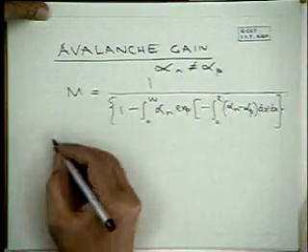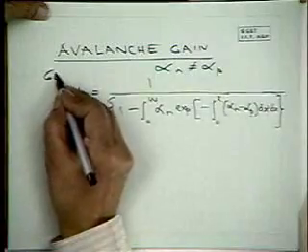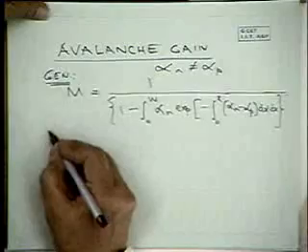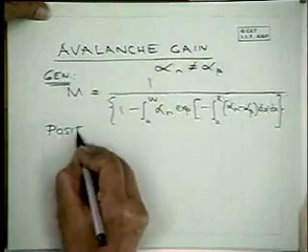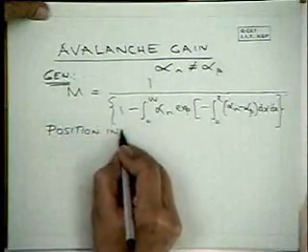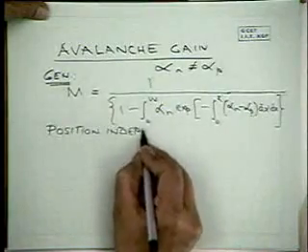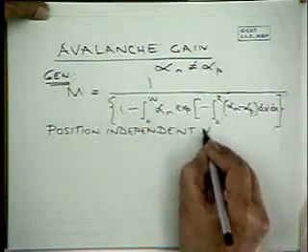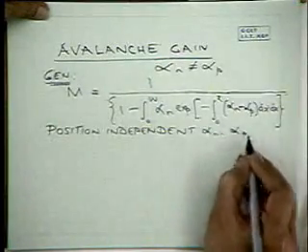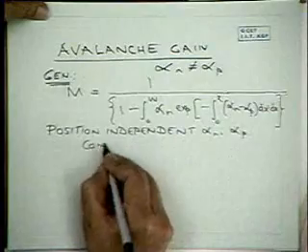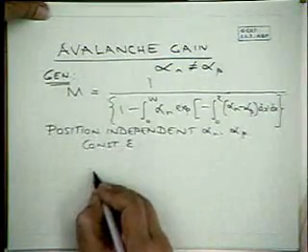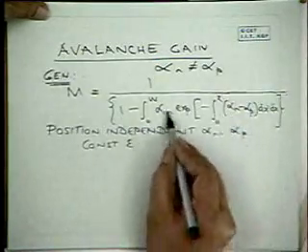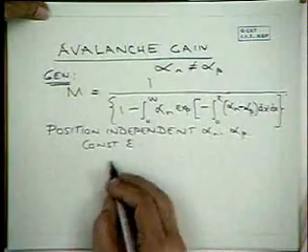Now, this is the general expression. If you have position independent ionization coefficients, that means the electric field is constant as a function of x, alpha n and alpha p, then you can take these out of the integrals.